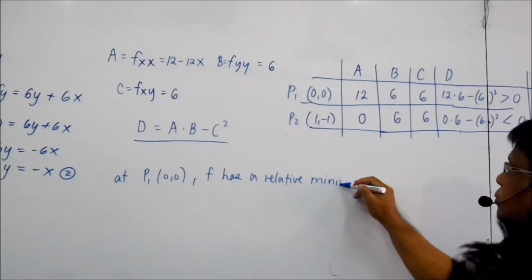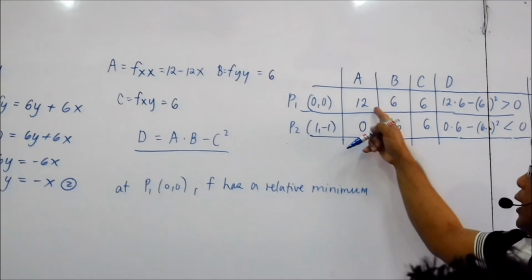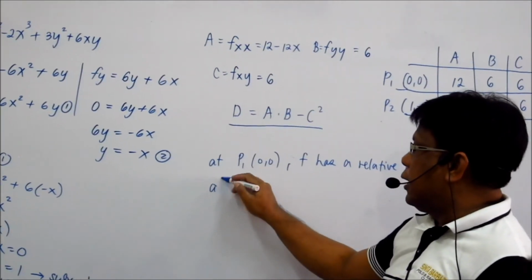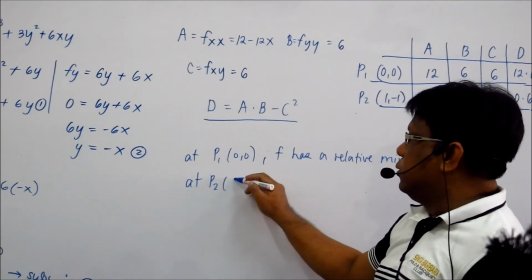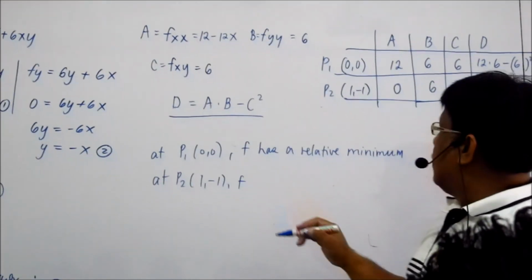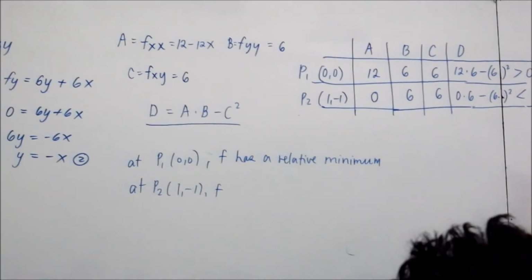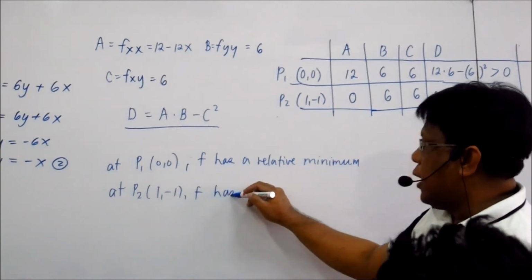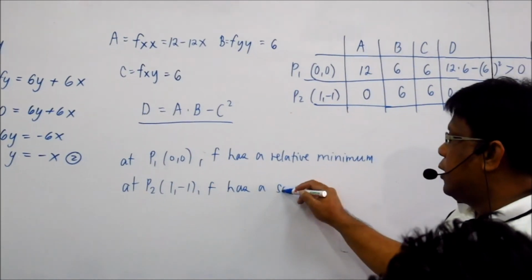It is minimum, because your A is greater than 0. Okay? What about at the second point, 1, negative 1? The value of D is less than 0. So that means F has a saddle point.